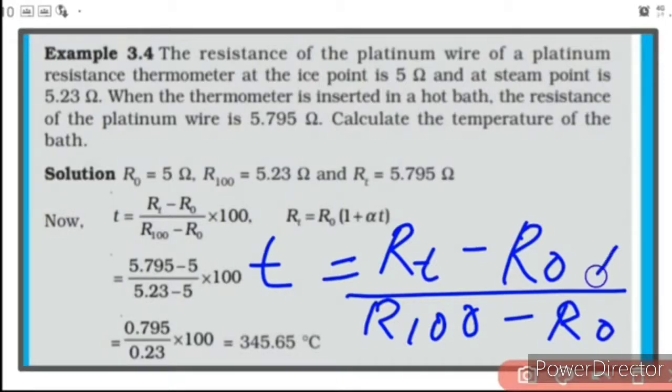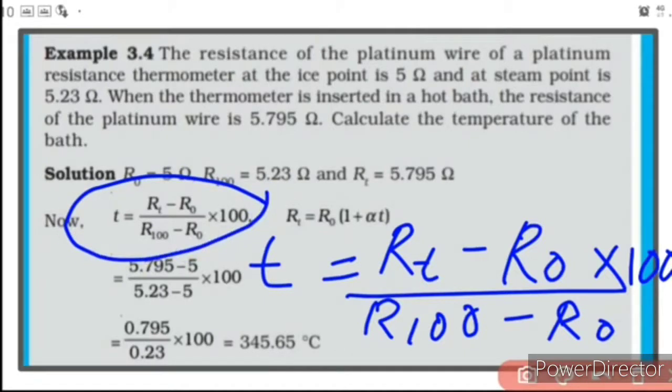Then 100 comes in the denominator of the denominator, so it goes to the numerator. So that is how we get the expression for t as shown.